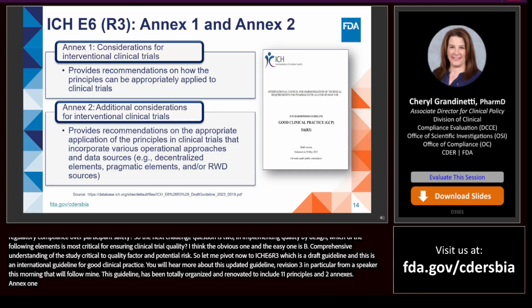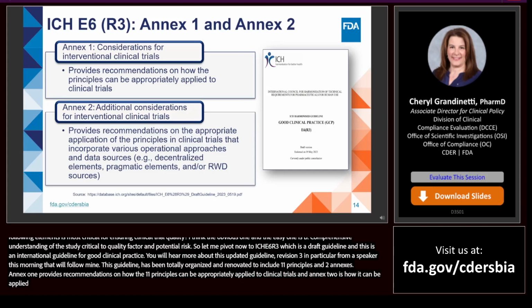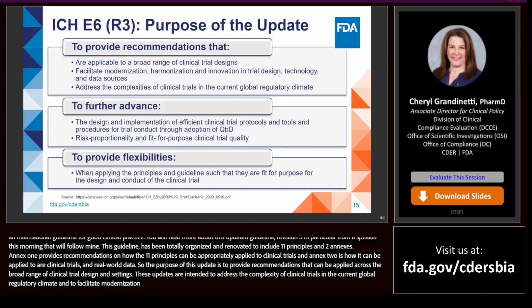In this context, Annexes 1 and 2 of the E6R3 provide vital recommendations for implementing these principles in clinical trials. This includes advocating for decentralized and pragmatic trial designs, which significantly enhance operational efficiency and responsiveness in a dynamic research environment. Moreover, the updated guidelines increasingly recognize the significance of real-world data and innovative trial designs.